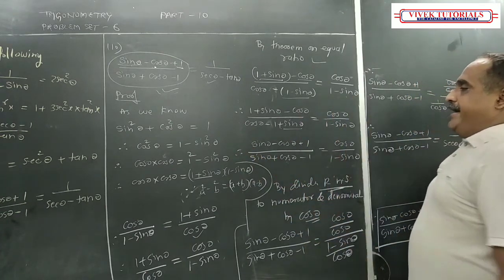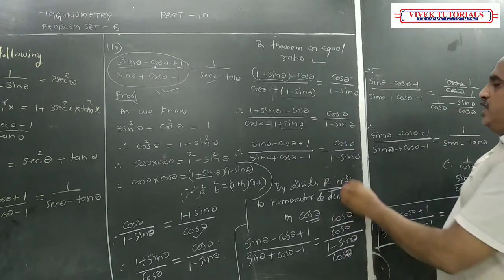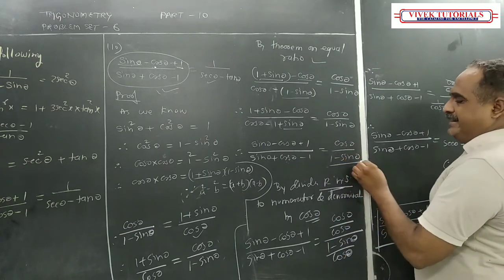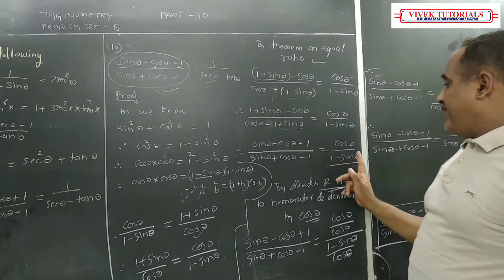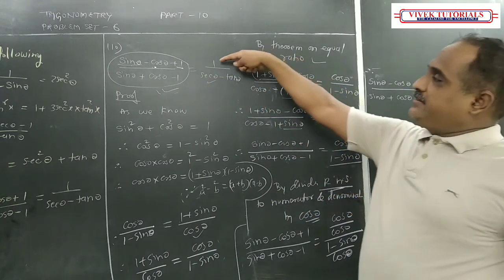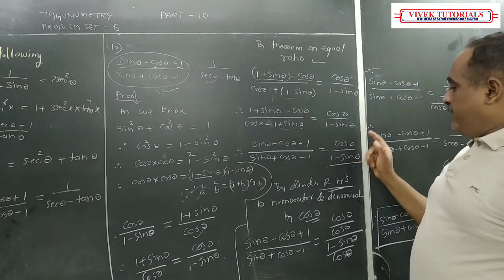Okay, and then once you got this, I got the left hand side but I require the right hand side. On the right hand side I needed 1 here, so to make cos theta 1, divide by cos theta.